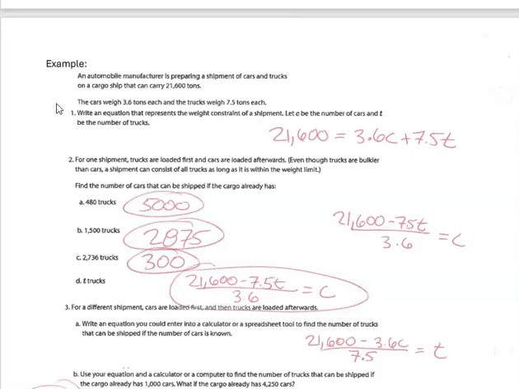And the way that you get it into C equals format is you get rid of that 7.5t by subtracting it away. So you have 21,600 minus 7.5t, and then you could divide by 3.6. And you can see the equation that I have here. And once you have it in that format, it's very easy to substitute in the 480, the 1500, the 2736, to substitute all those in, and then just pop it in your calculator, and it will spit out the answer.